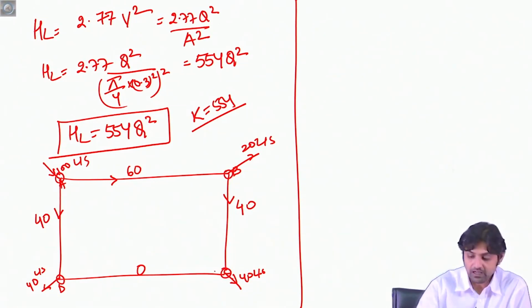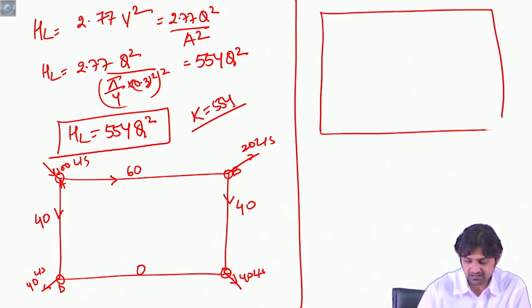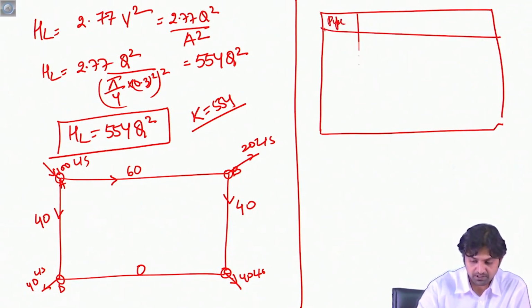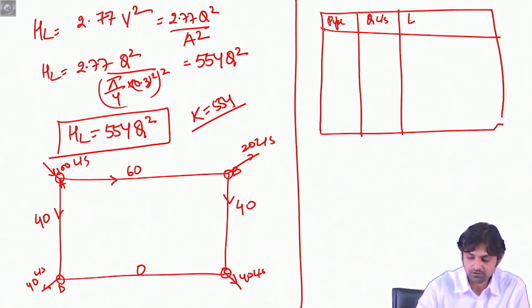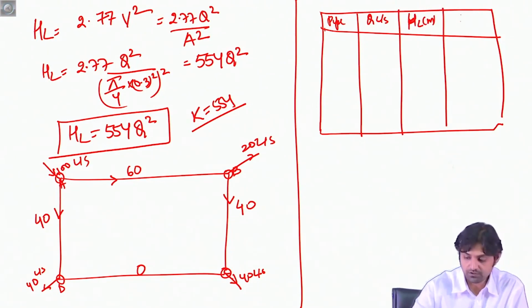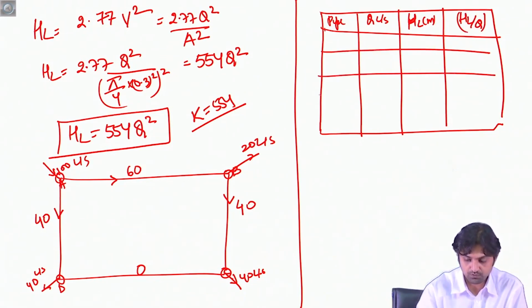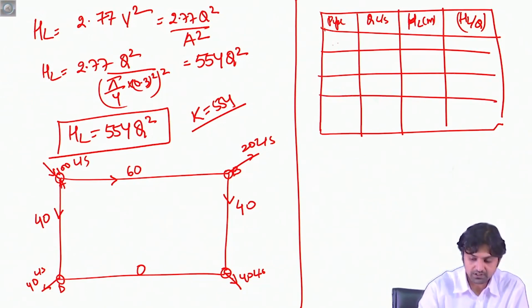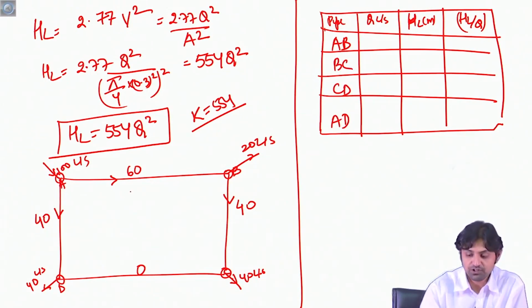As I said, first make a table like this. We write pipe name here, we write Q in liters per second, we also write head loss in meters, and we also find HL by Q. These are the 4 things. So let's write AB, BC, CD and AD. This we have already done using the equation of continuity.